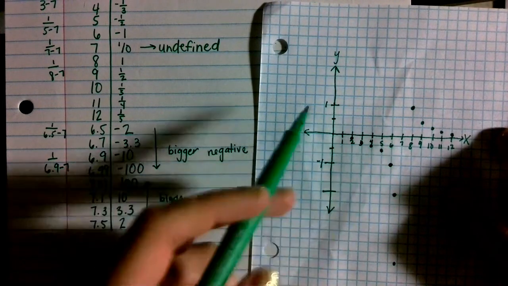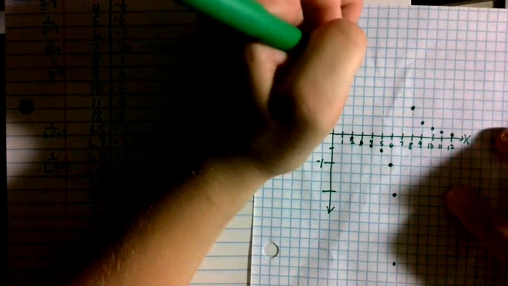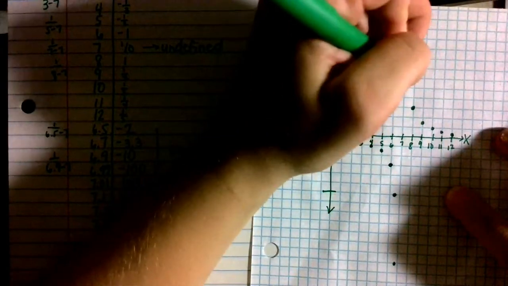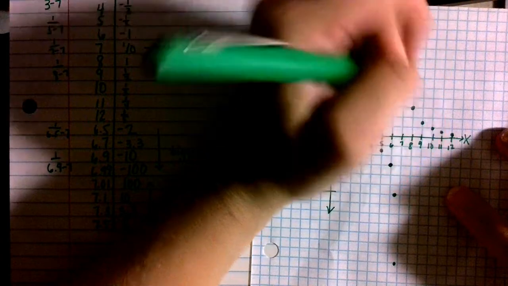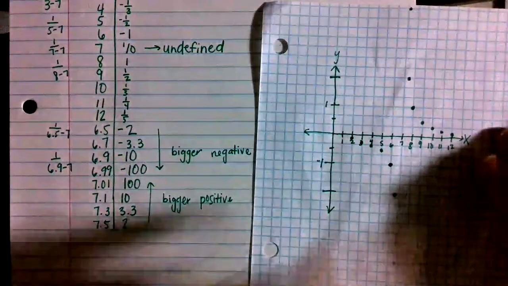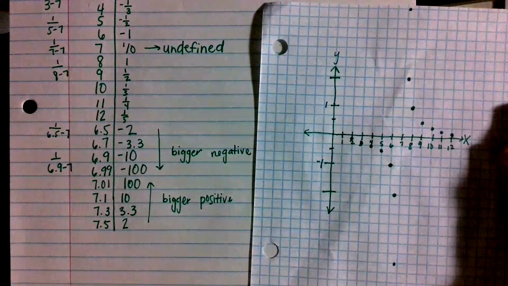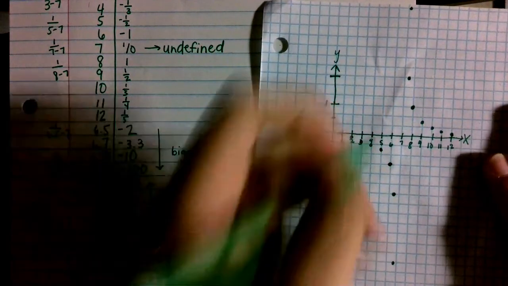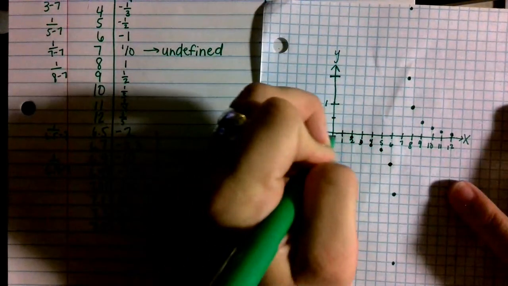because my numbers just keep getting bigger and bigger. And same if we would go in the other direction. So if I did 7.5, I'm going to be up here. If I did 7.01, I'm going to be way up at 100, right? So again, I'm getting really close to that 7, but I'm not actually touching. So the shape of this graph, if I connect my dots, looks something like this.